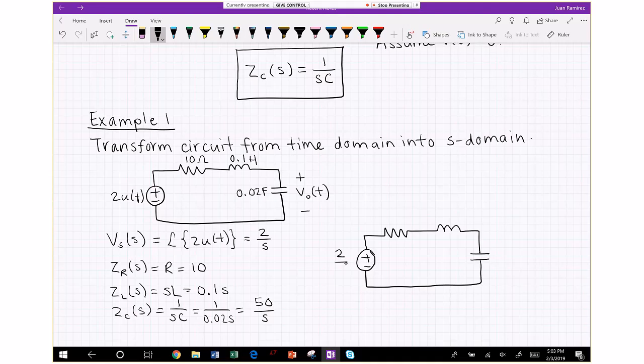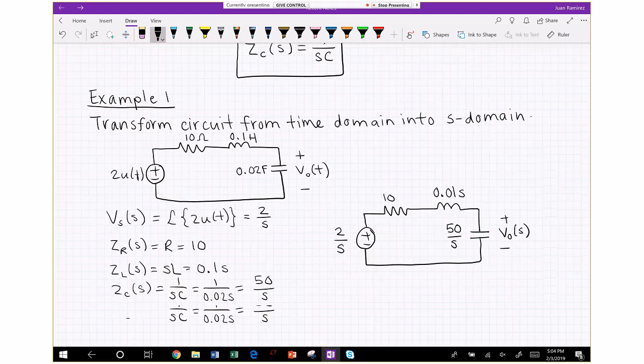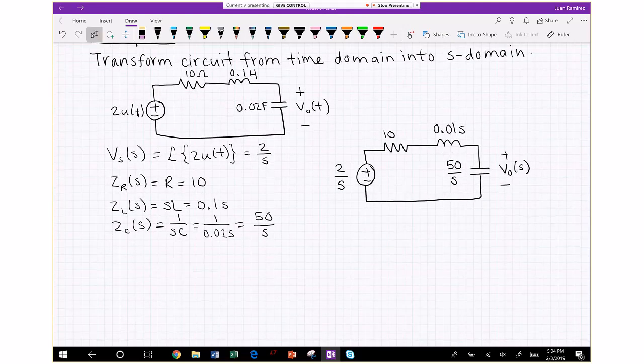So the input is now 2 over S, resistor impedance is 10, inductor impedance is 0.1 S, and capacitor impedance is 50 over S. And we're looking at the output voltage, which will now be in the S domain. That's it. There are no big challenges with representing the circuit in the S domain. You just have to know how each element is modeled.